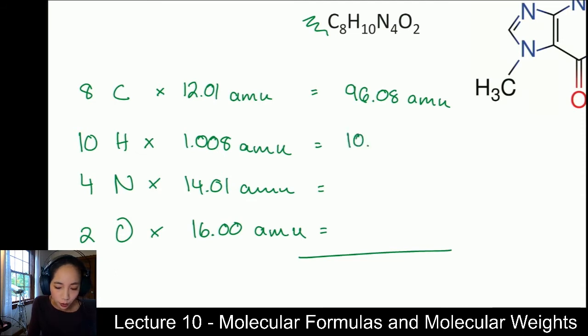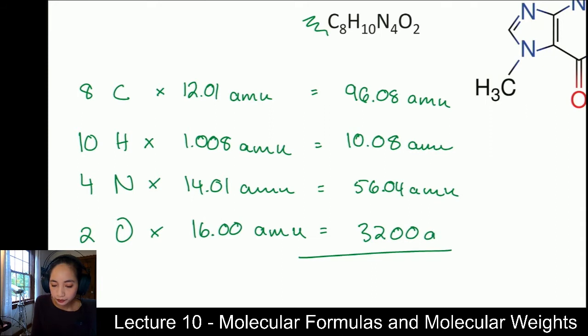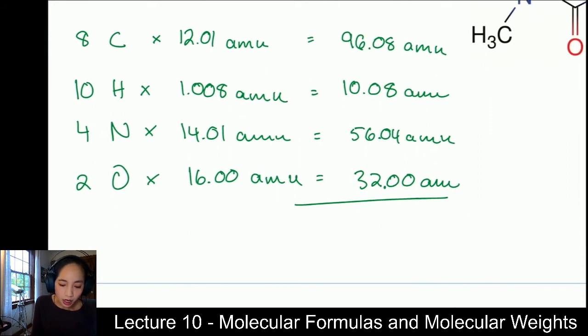All the hydrogens weigh 10.08 AMU. All the nitrogens weigh 56.04 AMU. And then the oxygens all weigh 32.00. If you add that all up, you'll get the weight of the whole molecule.